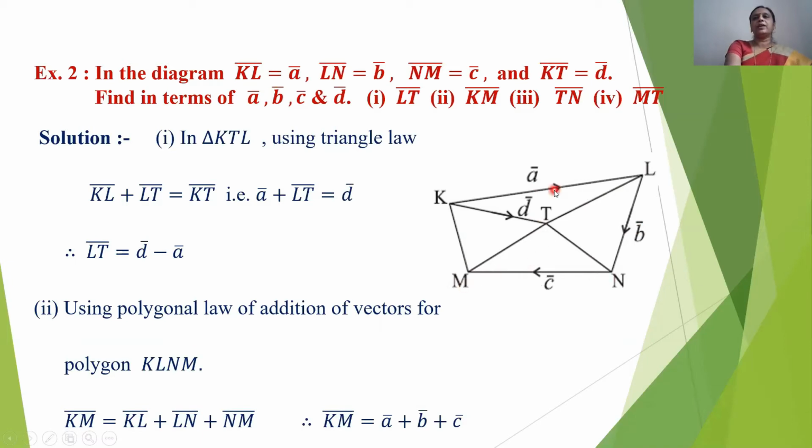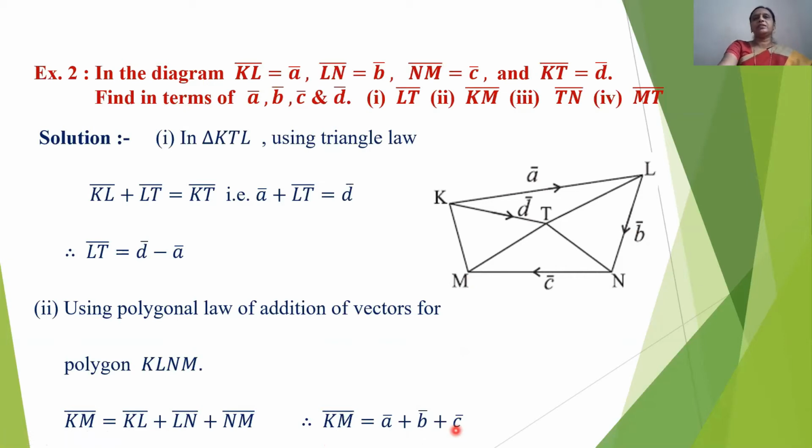Go according to direction of arrow. Then keep the value of KL A bar, LN B bar and NM C bar, and we will get value of KM bar is equal to A bar plus B bar plus C bar. Only we have to put the values of that vector.